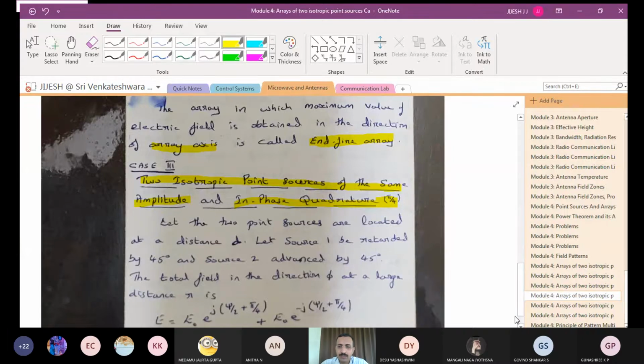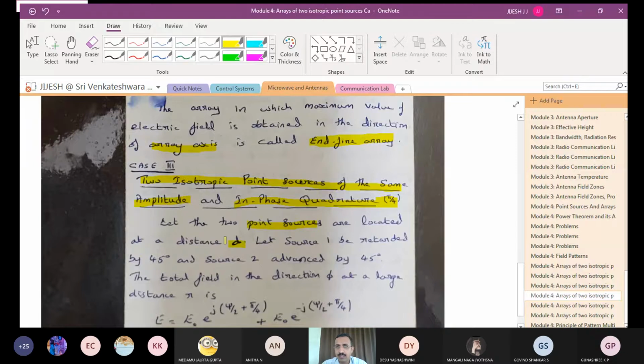We have seen the other two cases. It is similar to case 1 and case 2. The only thing you have to keep in mind is that it is in phase quadrature, pi by 4. As normal practice, we'll take two sources, source 1 and source 2, located at a distance d.